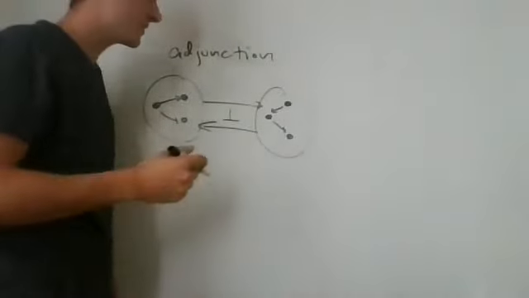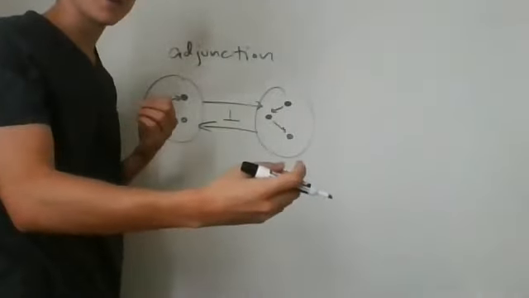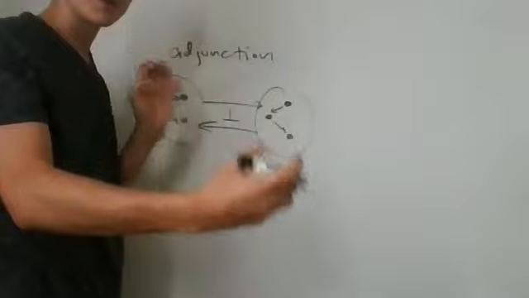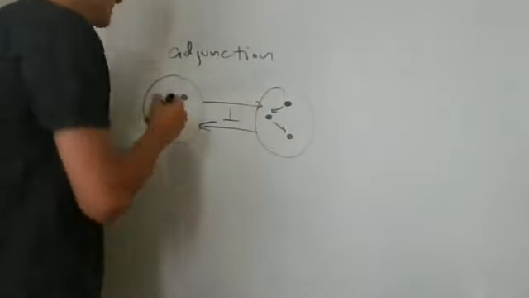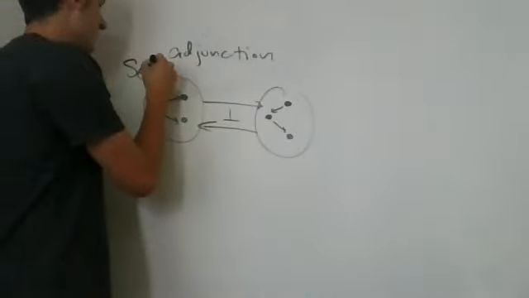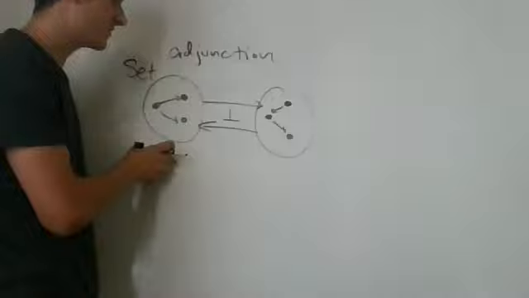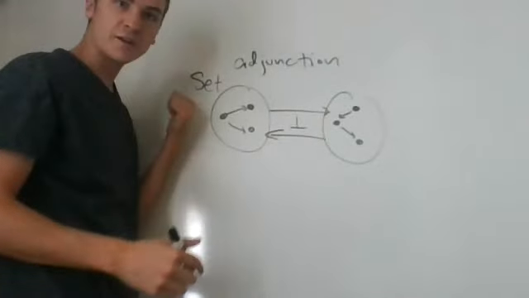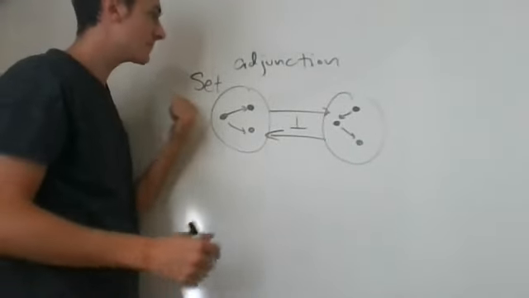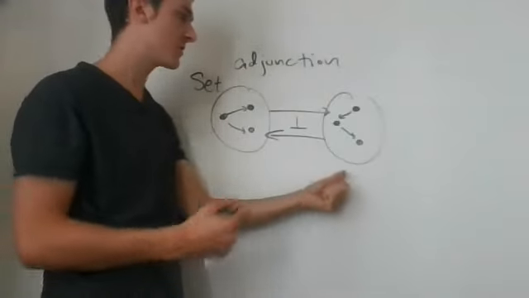The classic examples arise when you are adding some little unit of structure or removing some unit of structure. So the classic examples are when you have the category of sets on one side, just plain old sets, and then on the other side you have some simple algebraic structure.